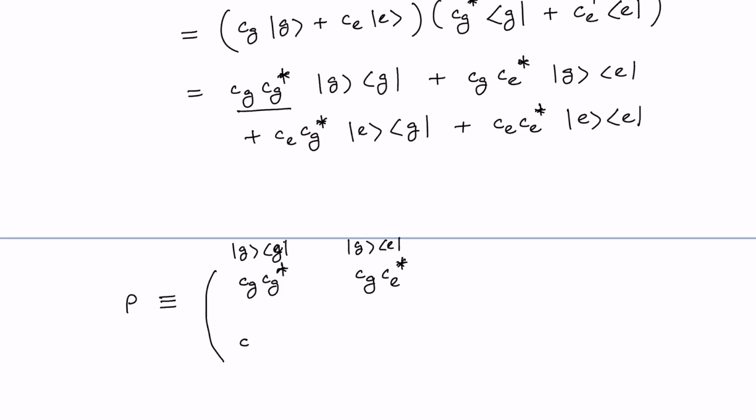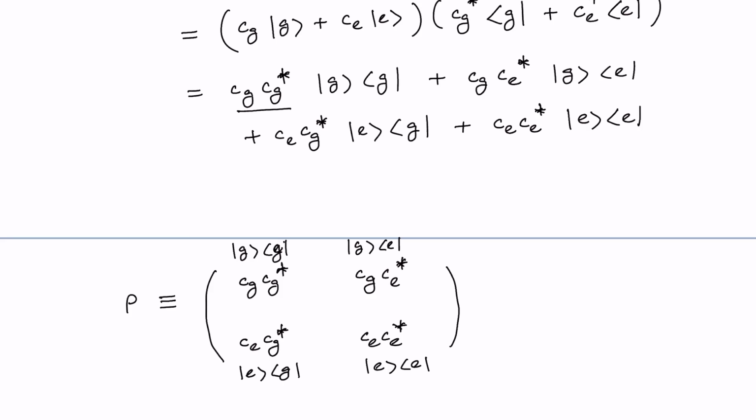Then I have the term c_e c_z star, associated with |e><z|, and then c_e c_e star, associated with |e><e|.